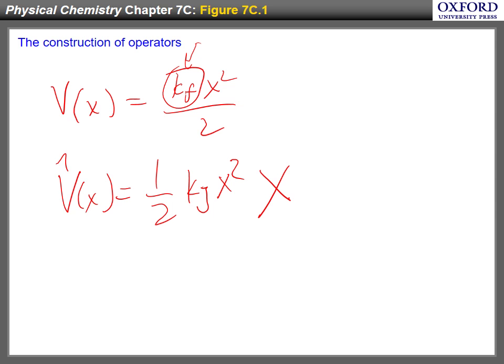And now, taking into consideration the relationship between kinetic energy and linear momentum, in which, as you may remember, the kinetic energy is proportional to the p squared divided by 2m, basically.